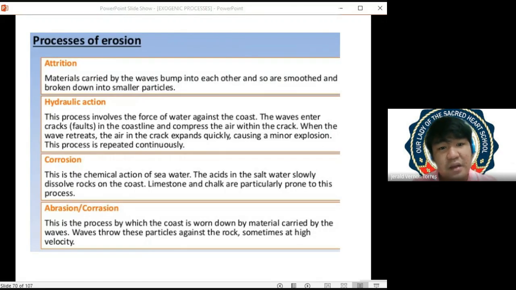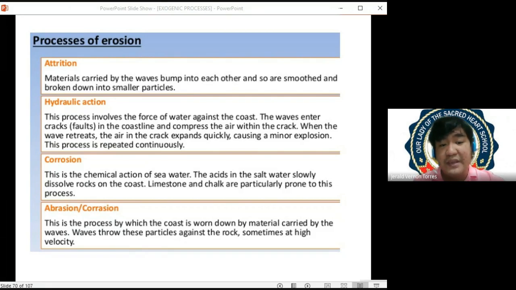So meron tayong mga processes na nangyayari sa coastal area. We have erosional processes that are happening in the coastal area. So meron tayong tinatawag na attrition. So pag sinabi yung attrition, ito yung erosional process kung saan yung mga materials sa water, they bump into each other, causing them to break apart.